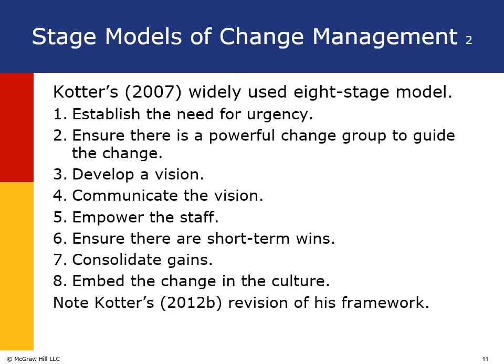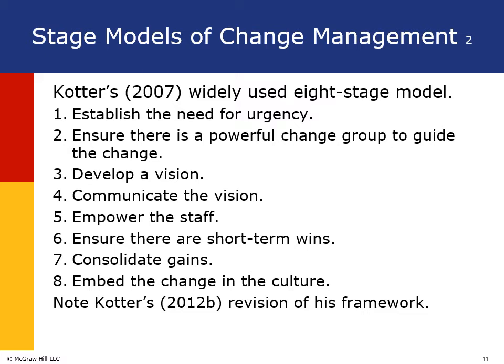Institutionalize these new approaches to change, because that's an important step in this whole process. And Kotter cautions, don't rush through the stages. Make sure you're going through each stage, and each stage is being executed completely, as opposed to rushing through it.